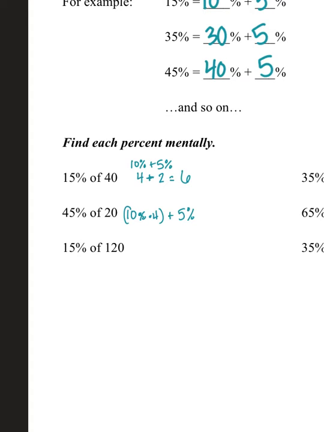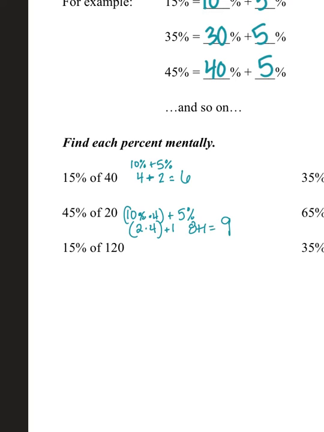So what's 10% of 20? 2. But then it's not just 10%, it's 40%. So I would do 2 times 4. Plus, what is 5%? 5% is half of 10%. What was 10%? 2. So half of 2 is 1. So that's going to give me 8 plus 1 equals 9.